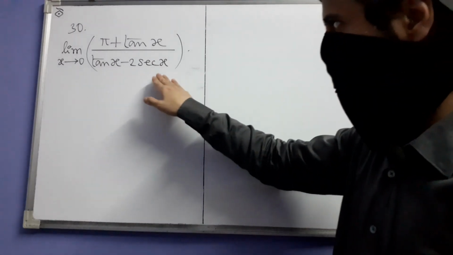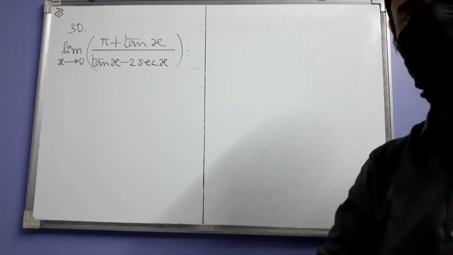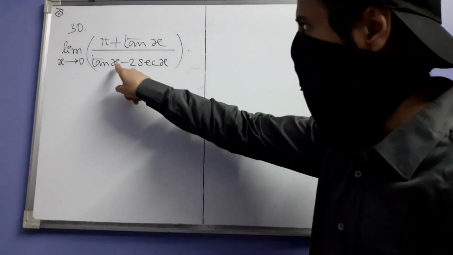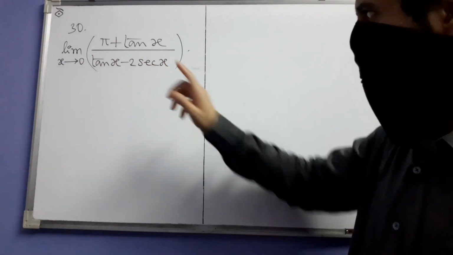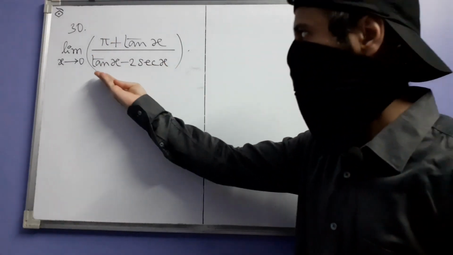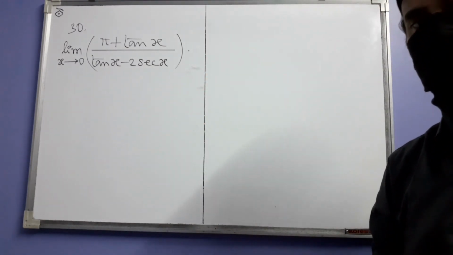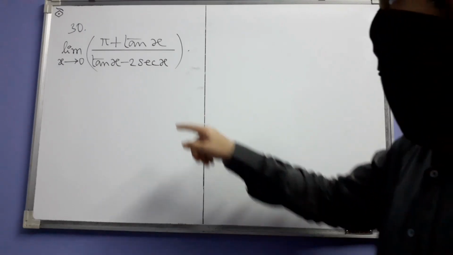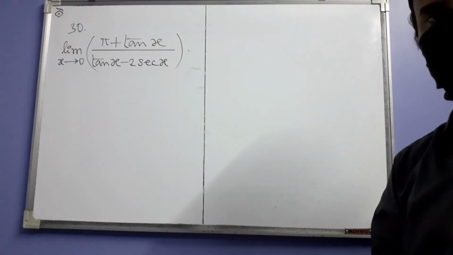Because the denominator is continuous, that limit is obtained by simply putting x equal to 0. If you put x equal to 0 here, tangent vanishes. Secant 0 is 1, so that means the limit of the denominator is minus 2. No, it is not 0. And that is why the quotient is also continuous at x equal to 0.